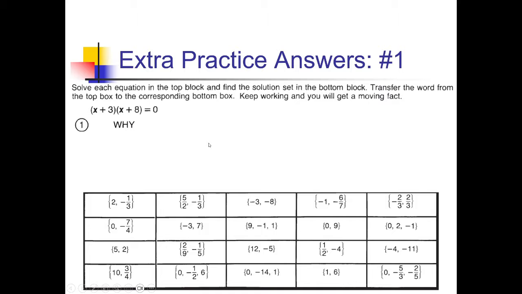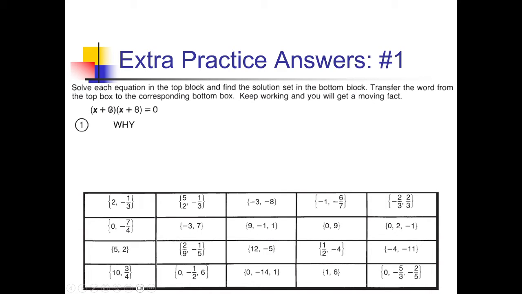For our first equation, we have x plus 3 times x plus 8 equals 0. Now, for all of these equations, we can use the zero product property, where if we have something that's already a product, already factored, we can set each of its factors individually equal to 0 and solve them. Because if I zero out one of these factors, 0 times whatever the other factor is going to give me 0.